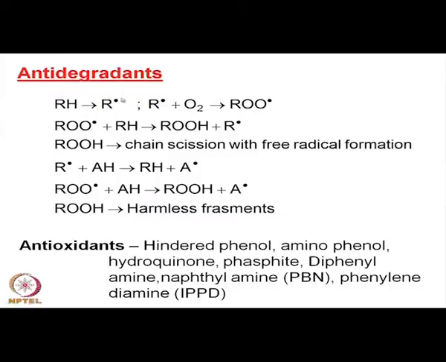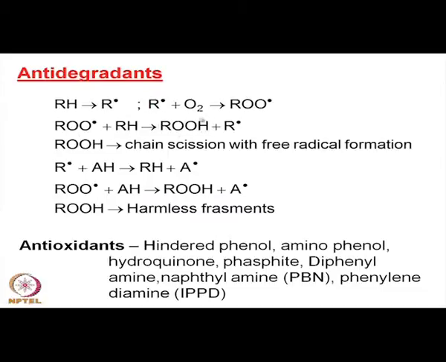So, once this is initiated on the surface of a rubber product that gets access to oxygen in the atmosphere, it forms a peroxy radical. This peroxy radical is far more active than the R radical. It then abstracts hydrogen from another part of the rubber hydrocarbon or from other rubber hydrocarbon molecules. By abstraction of that hydrogen from rubber, this peroxy radical forms hydroperoxide.